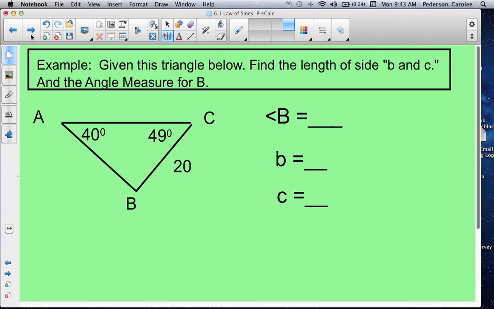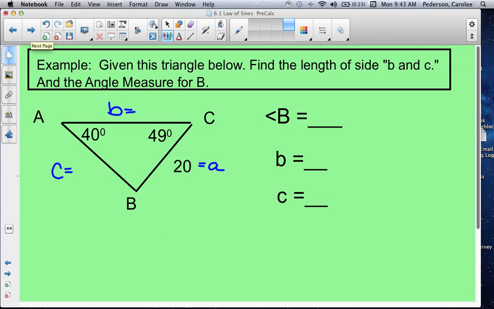So if this is angle A of 40 degrees, the side opposite is side A of 20 units. Then angle B is unknown, and side B is also unknown. Angle C is 49 degrees, and side C is unknown. Let's set it up.